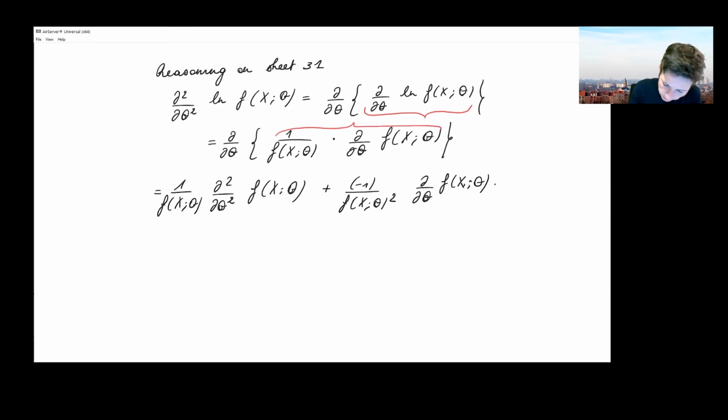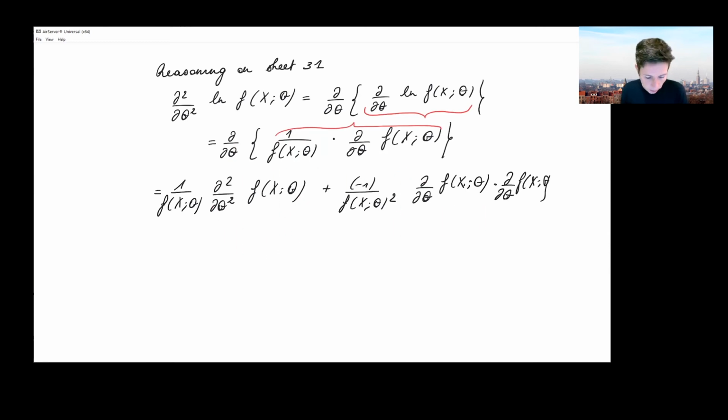But I already had that factor, so I get it twice. It's a bit complicated, and I hope I didn't make a typo, but in the first line you need to take the derivative of a product of two functions, so you apply the product rule, and that's what's going on over here.